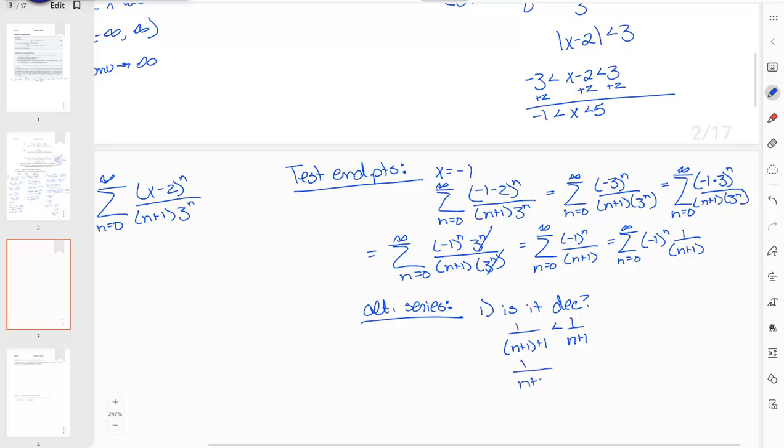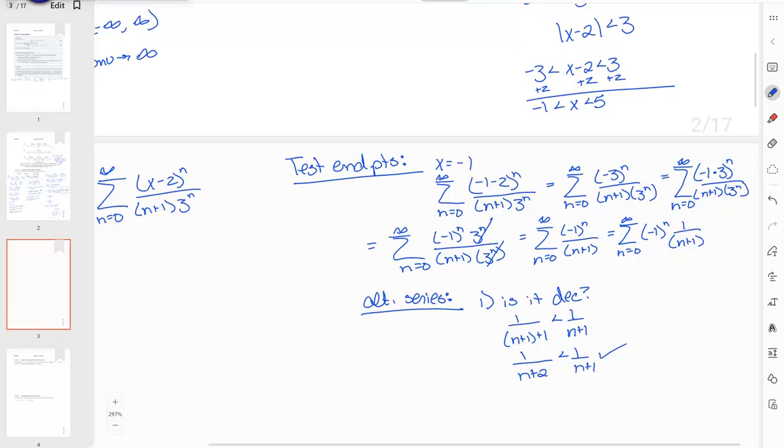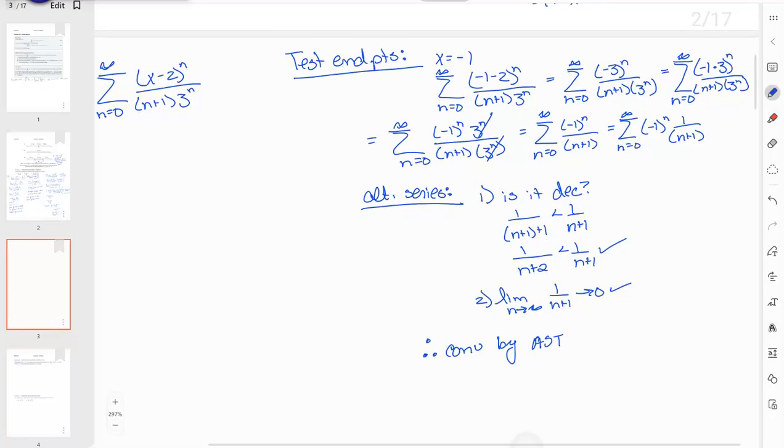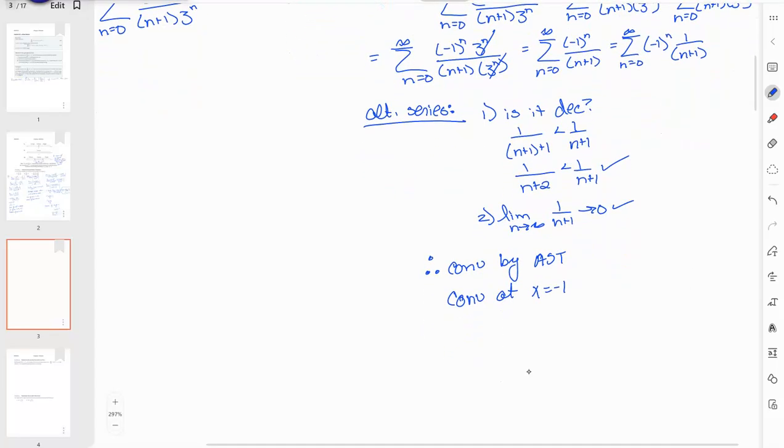I have 1 over n plus 2, and that is less than 1 over n plus 1. So it is decreasing. And the second thing, does the limit of the sequence 1 over n plus 1 go to 0? And it does. So we can say, therefore, this series converges by the alternating series test, which I'll abbreviate AST. So it does converge at the endpoint x equals -1.